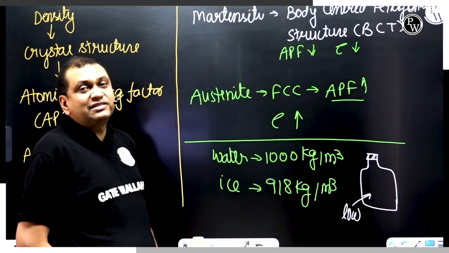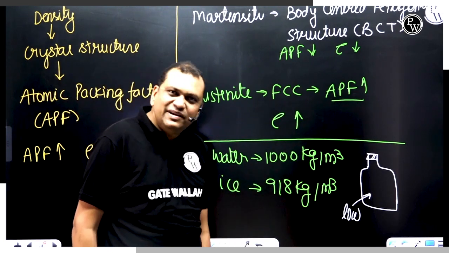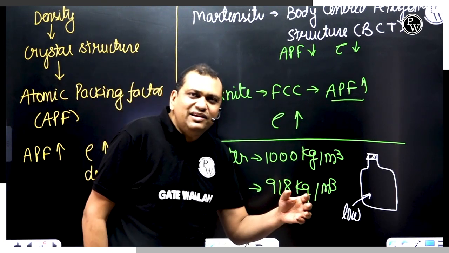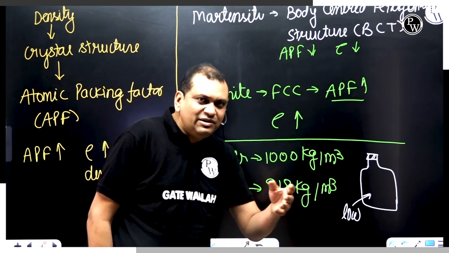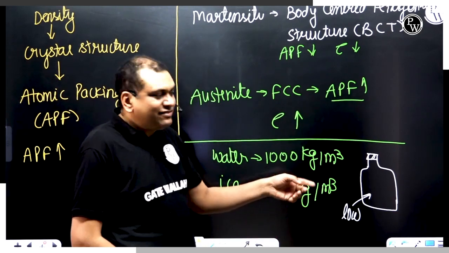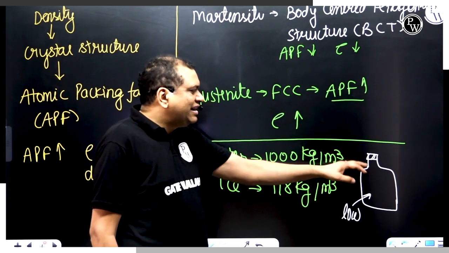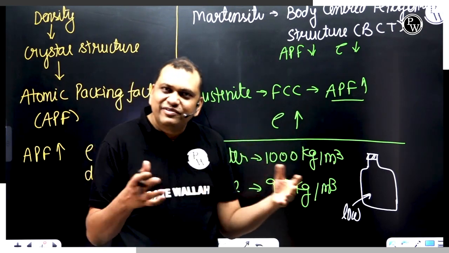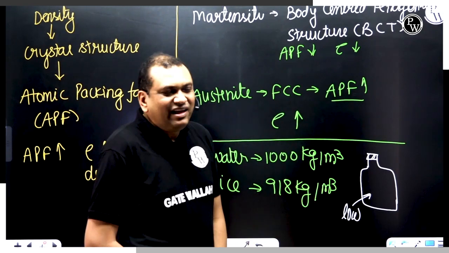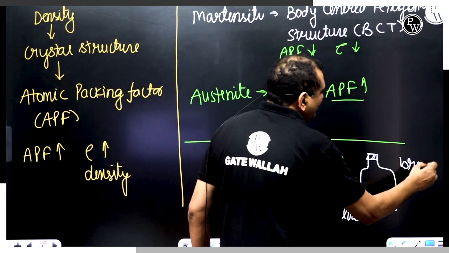When the material goes from high density to low density, its volume will expand. Previously there was water, now there is ice. Due to the volume expansion, this bottle will break.